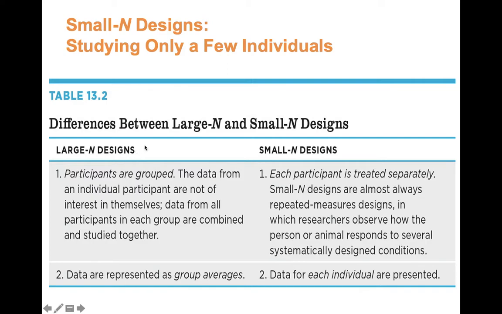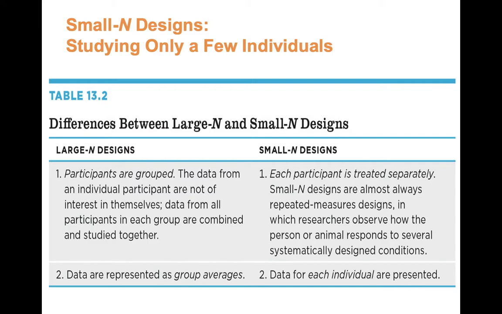In a small n design, each participant is treated separately. They're almost always a repeated measure. The researcher observes how a person or an animal responds to several systematically designed conditions. So, in essence, you're getting quite a bit of information from a single subject or from just a few.